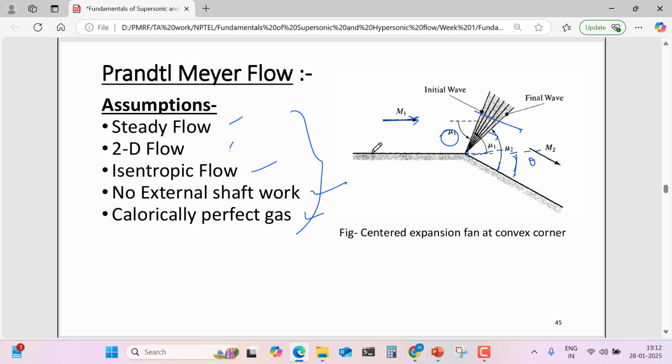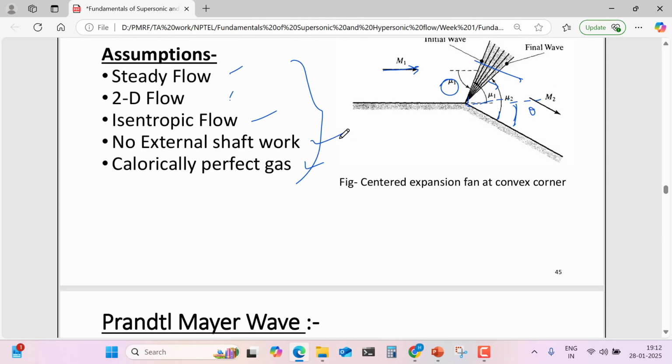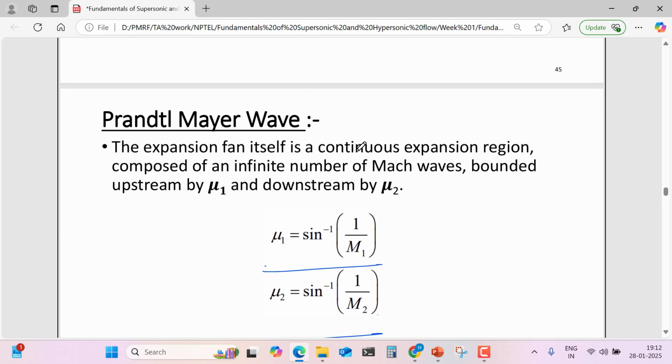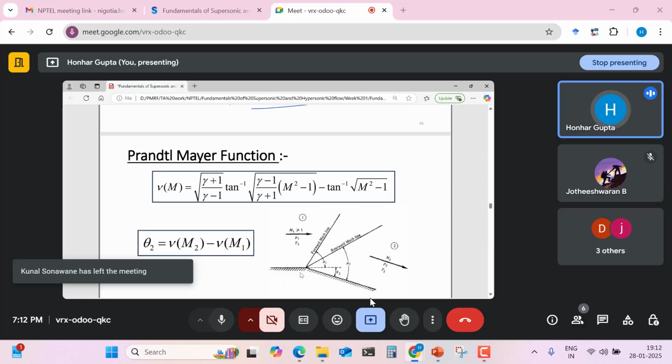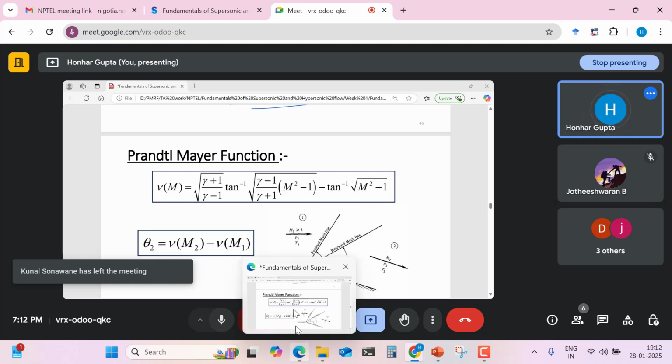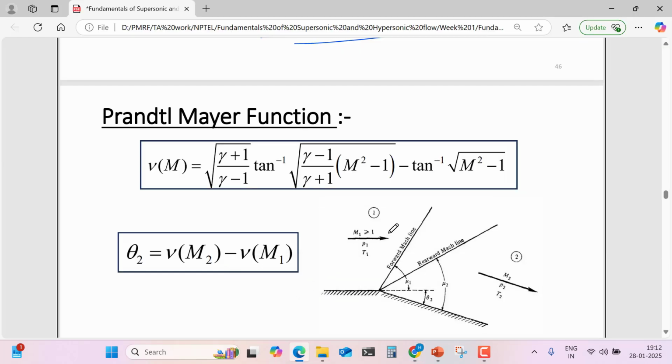When we solve the governing equation for this Prandtl-Meyer flow, we get one Prandtl-Meyer function, which is given by nu(M) equal to square root of (gamma plus 1) upon (gamma minus 1), tan inverse square root of ((gamma minus 1) upon (gamma plus 1), M square minus 1), minus tan inverse square root of (M square minus 1).